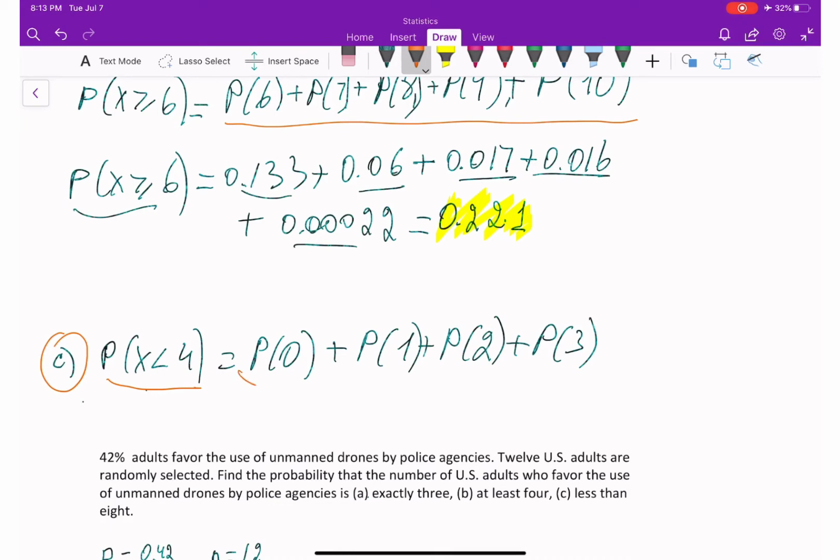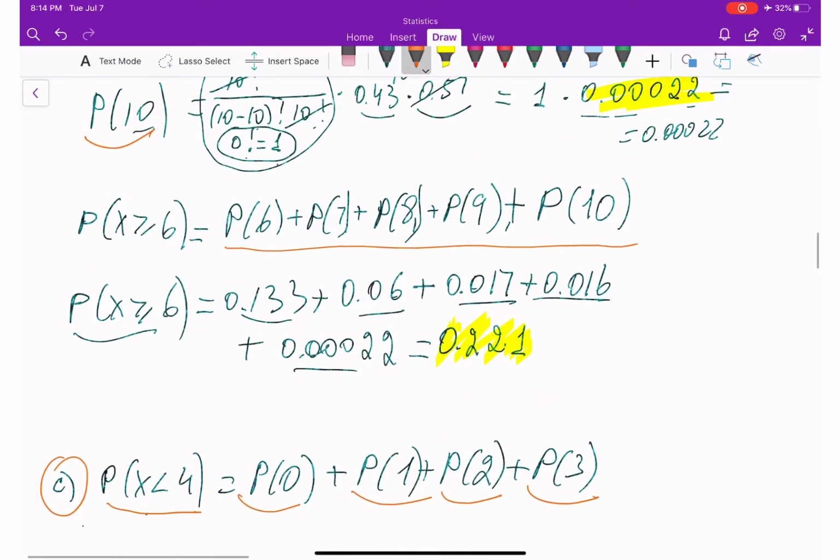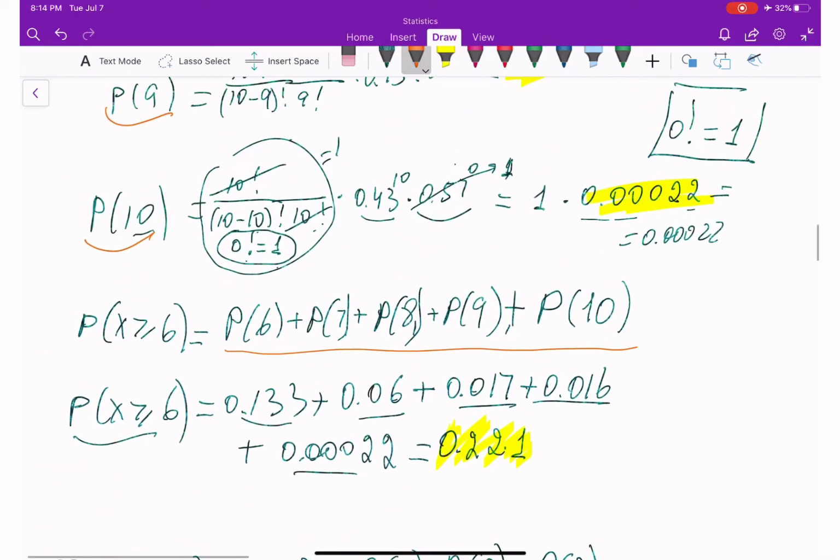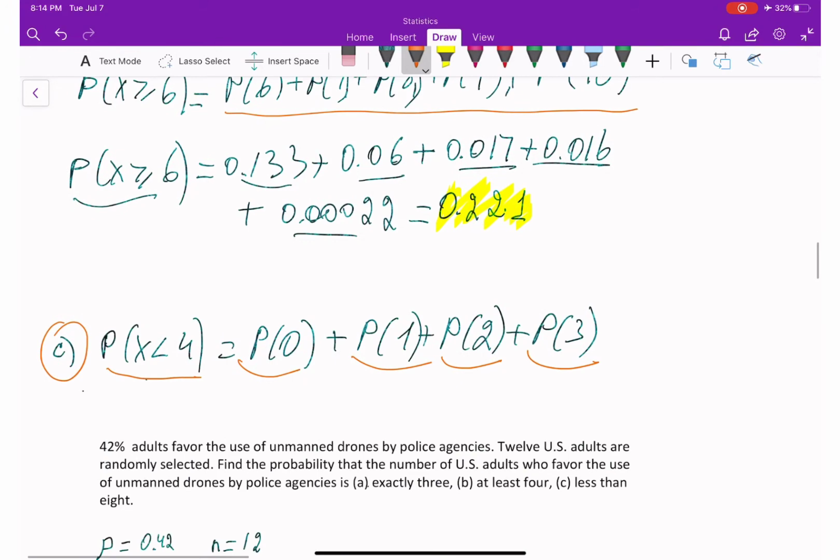Probability of 0, probability of 1, probability of 2, probability of 3, and then you add them up. How are you going to do 0? Exactly the same way we did here. Let me write it down for 0, and the rest you can do for 1, 2, 3, because it's the same calculation.